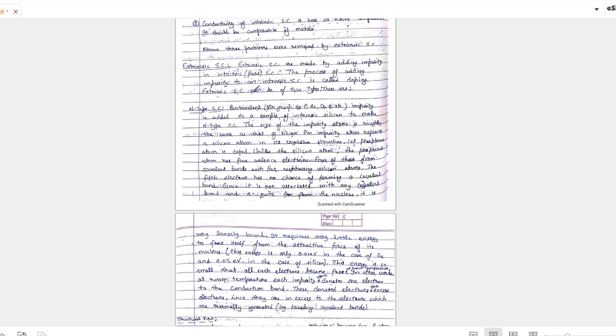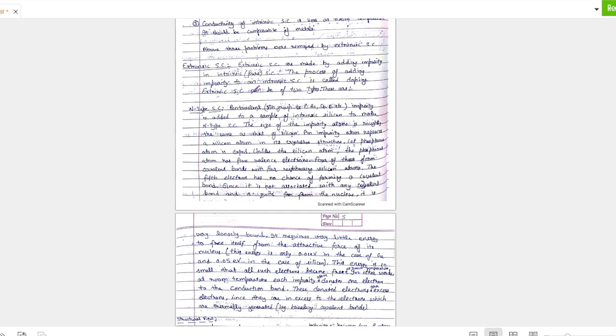Everything is impure in our surroundings. So now we use impure semiconductors, and they are better than pure semiconductors. They are cheap, their durability is high, and we can change their conductivity, resistivity, and all the parameters.